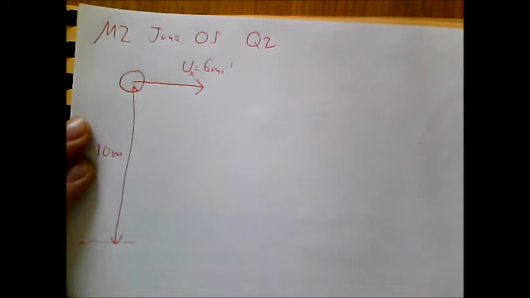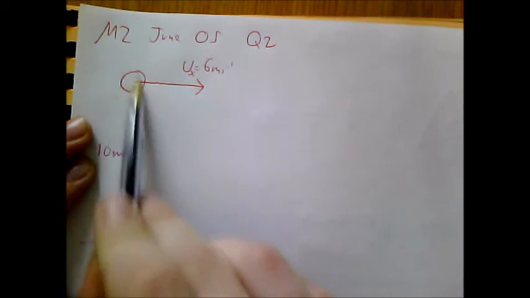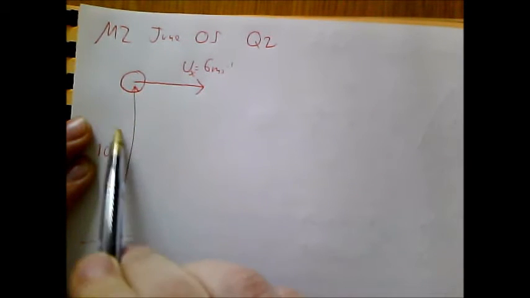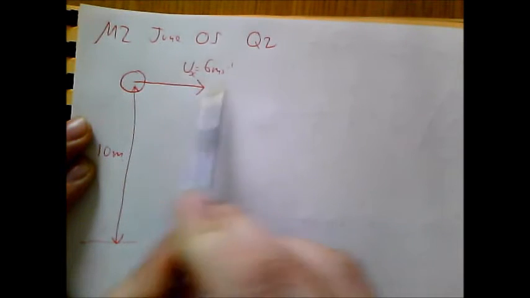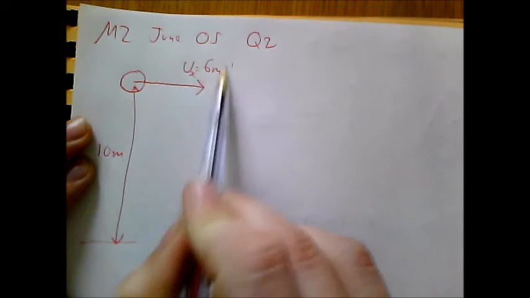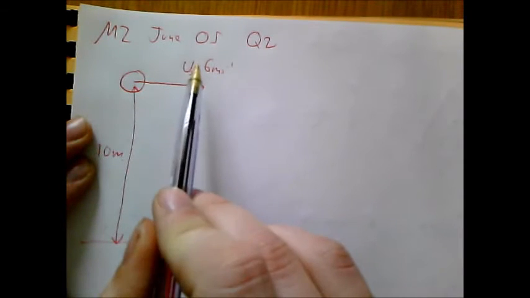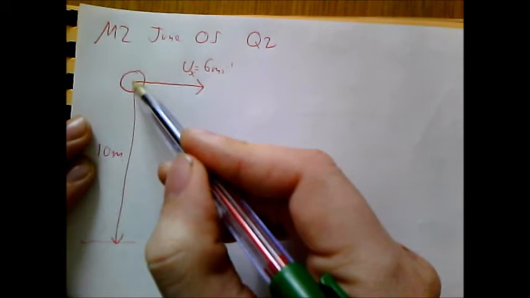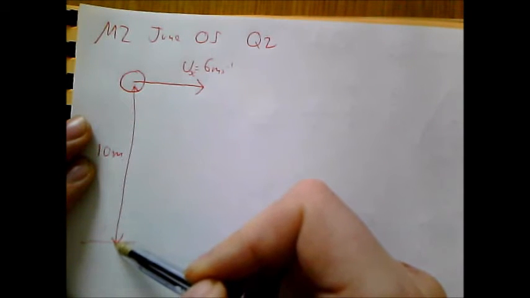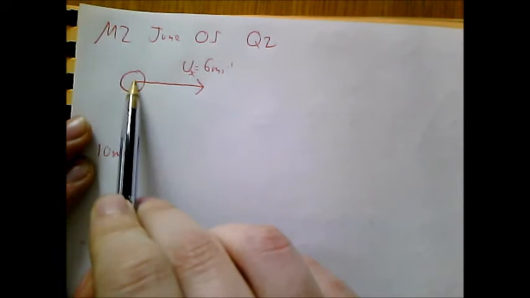So the only force acting on my particle is gravity in the vertical plane. That means my horizontal speed is going to be constant. So first thing I need to do is find at what time it is going to hit the ground.